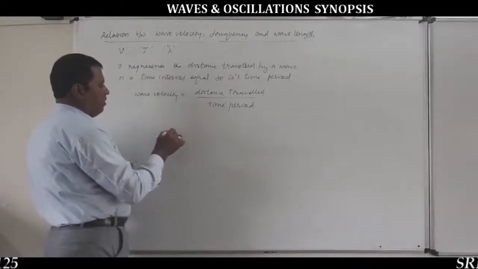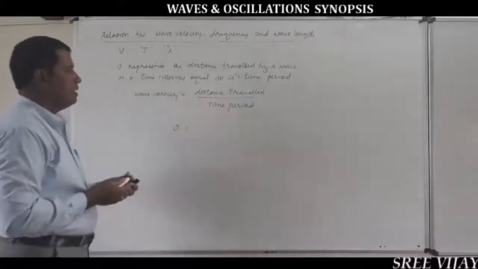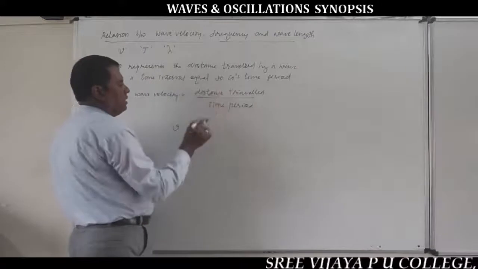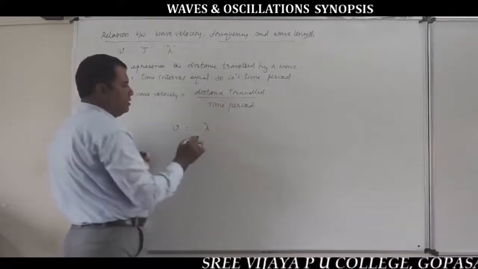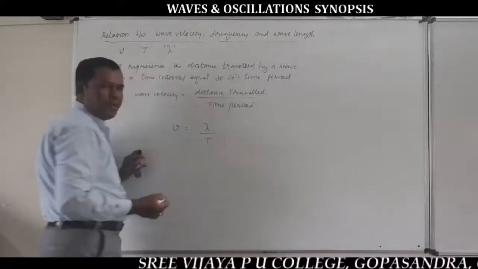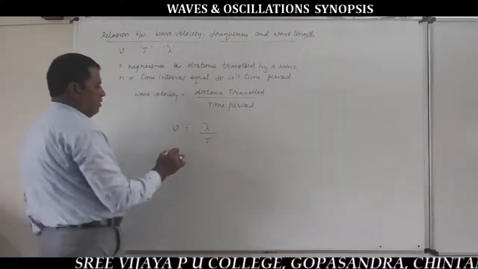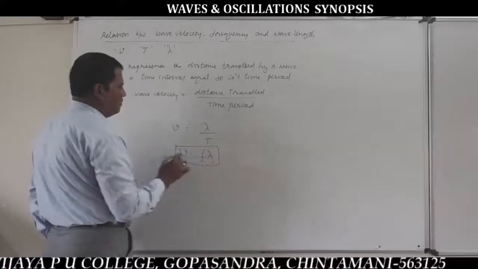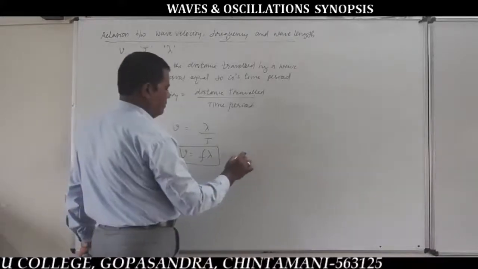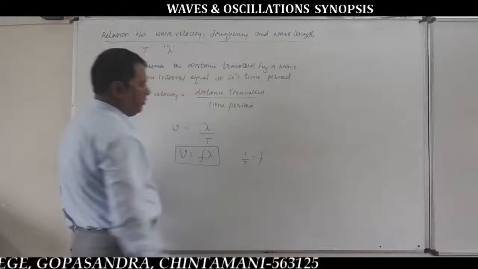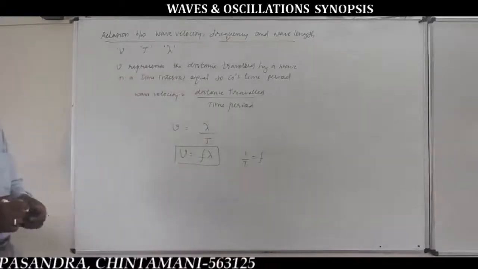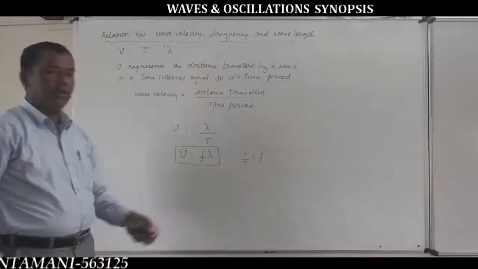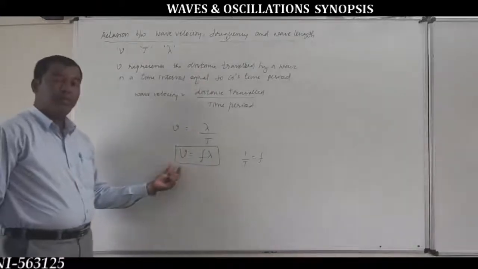Therefore, wave velocity V is equal to wavelength lambda by time period T. V is equal to f lambda, because 1 over T is nothing but frequency. So now this equation gives the relation between wave velocity, frequency and wavelength. This is for a wave.